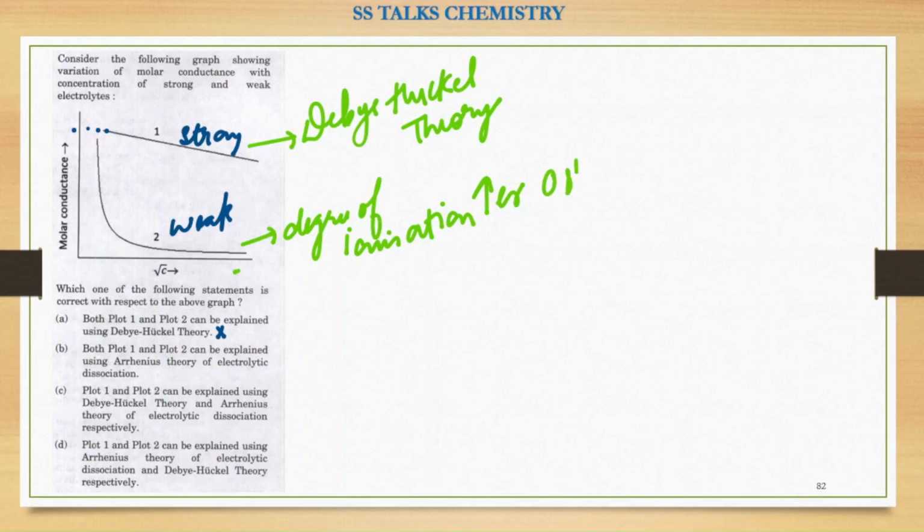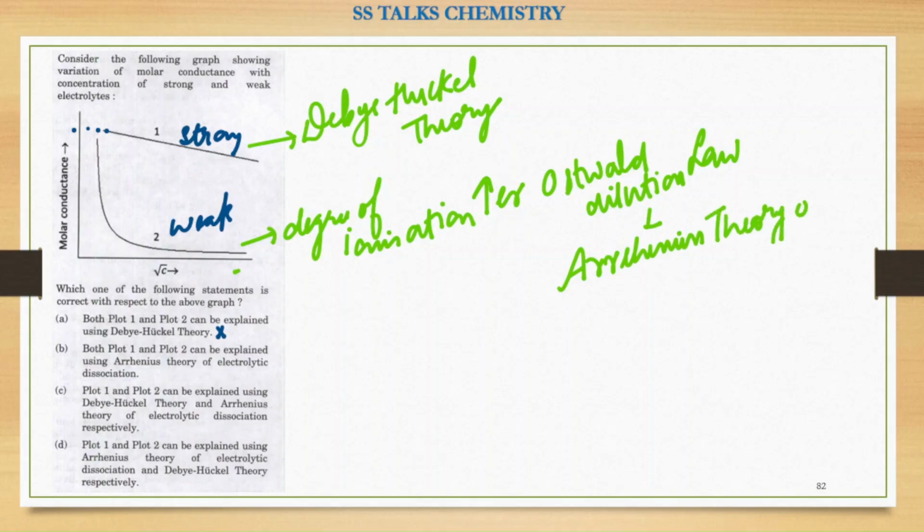This is explained by the Ostwald dilution law, and this law is based upon the Arrhenius theory of electrolytic dissociation.